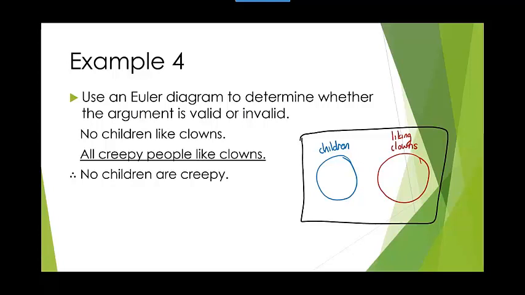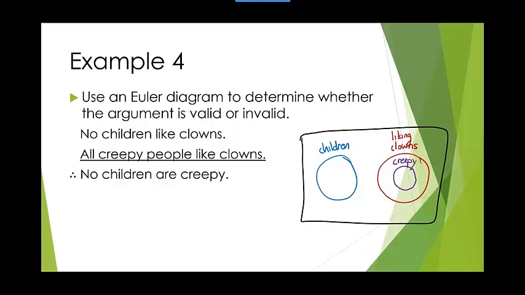Now the second sentence says, all creepy people like clowns. So that is an all statement. And so that means that we're going to fit creepy people inside the larger circle of people who like clowns.